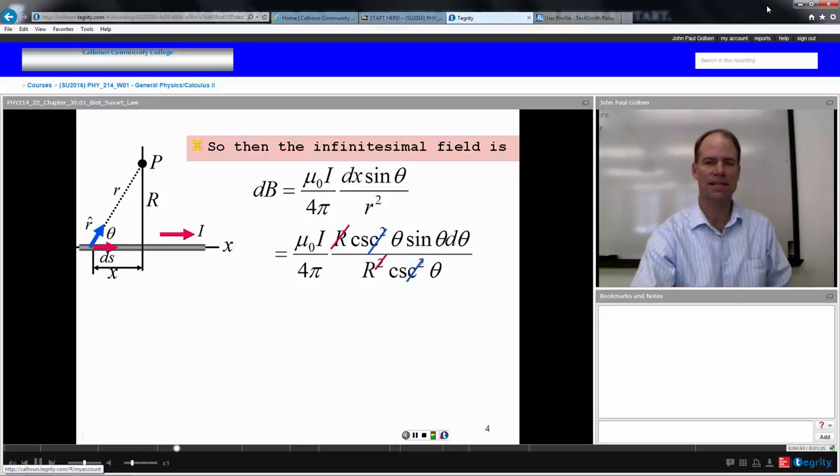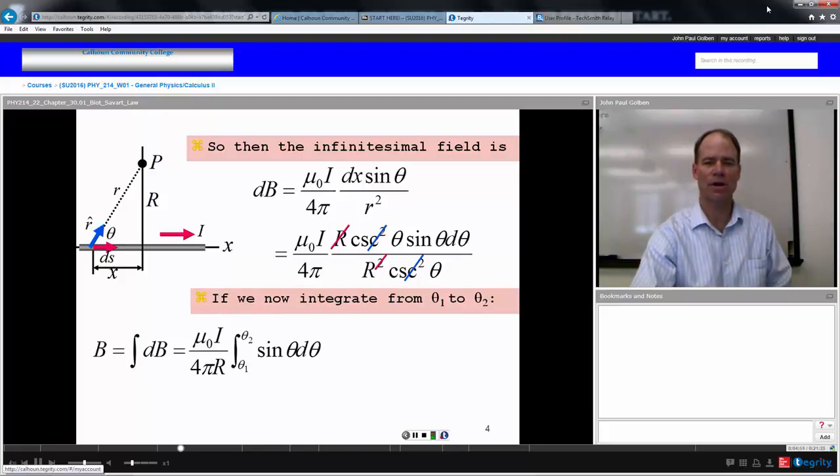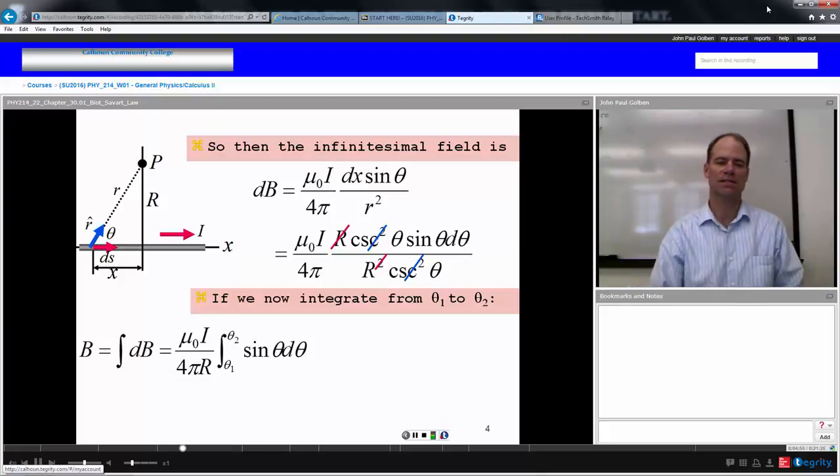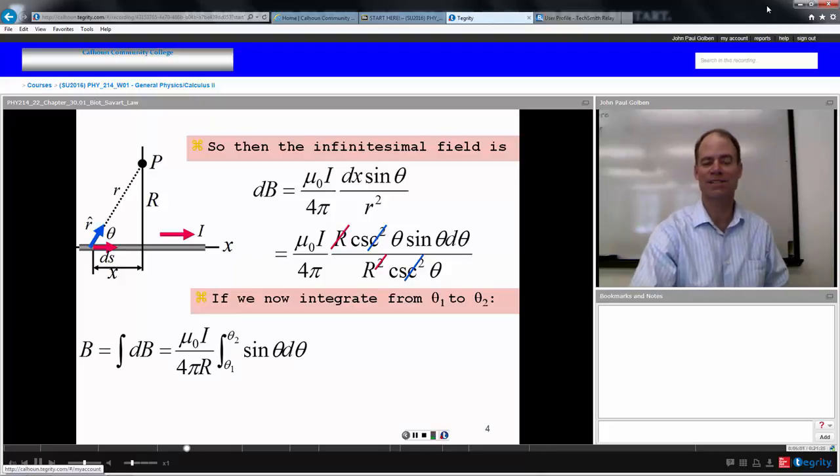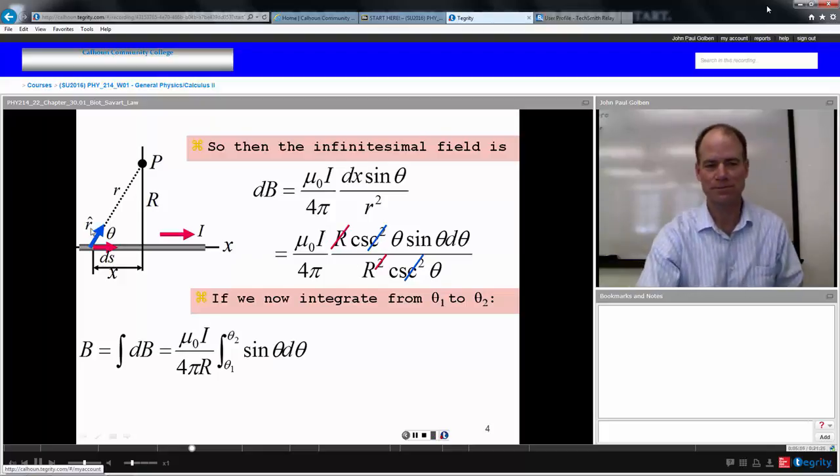The cosecant squared thetas cancel out. And if we now integrate from theta 1 to theta 2, taking out our constants, we have the magnetic field is equal to mu naught I over 4 pi R times the integral of just sine theta d theta from theta 1 to theta 2. Nice. An integral that we can do.